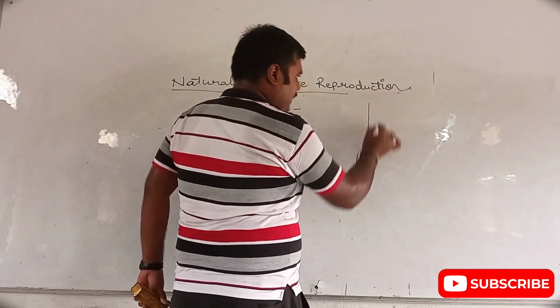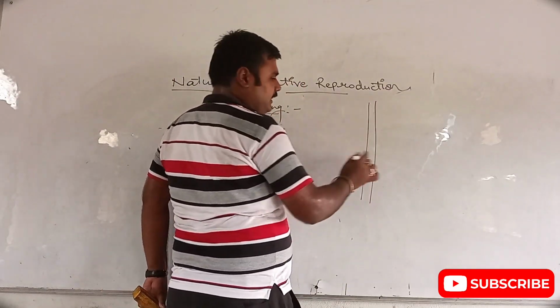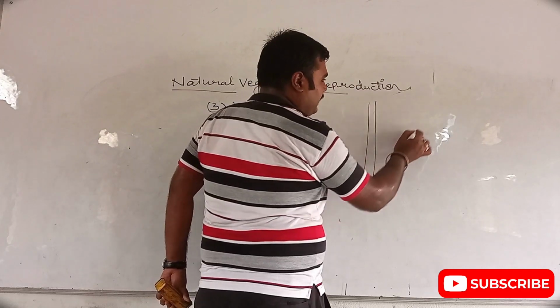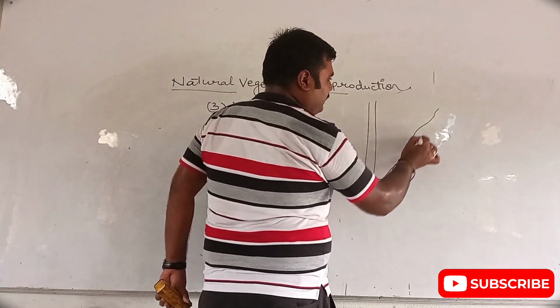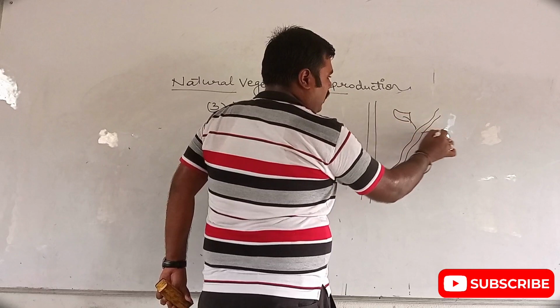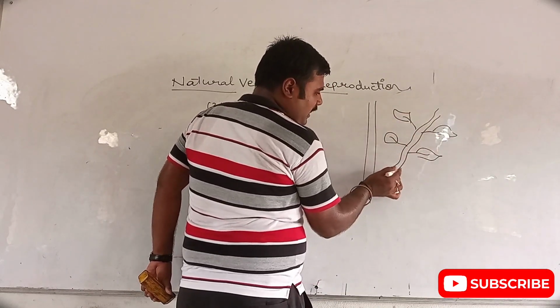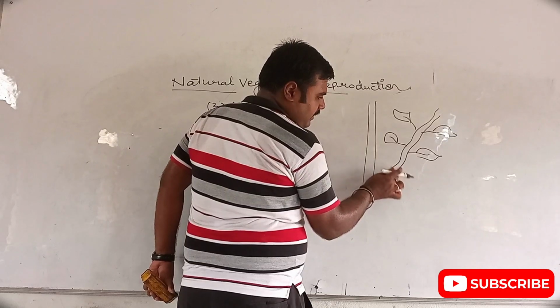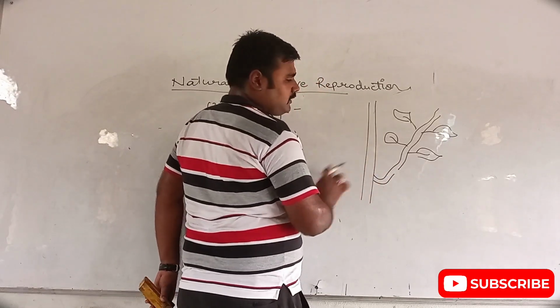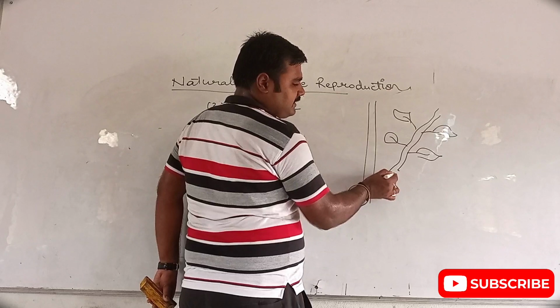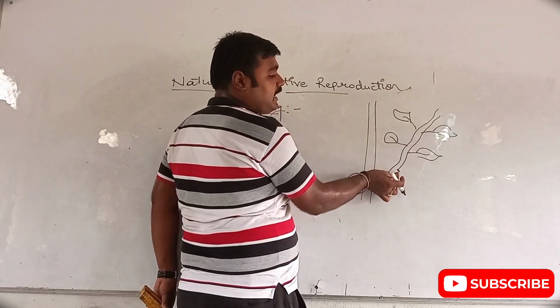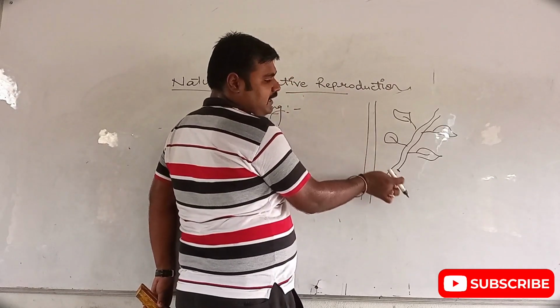A complete plant is present and it has a branch. A small impression is made in the branch, meaning it is cut, but not cut completely. Small impressions are made.